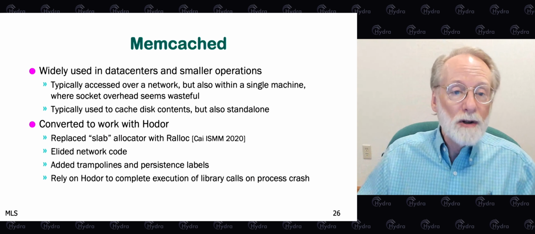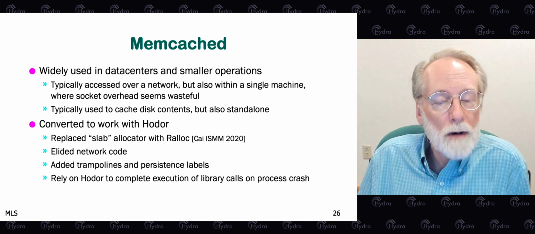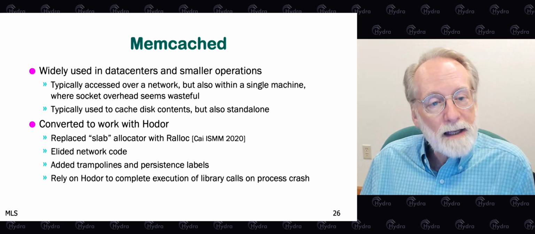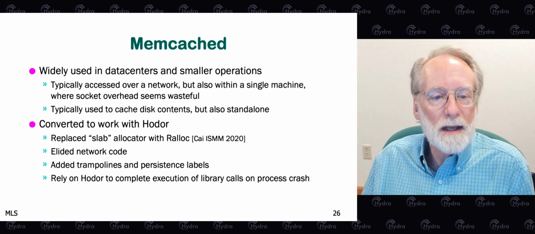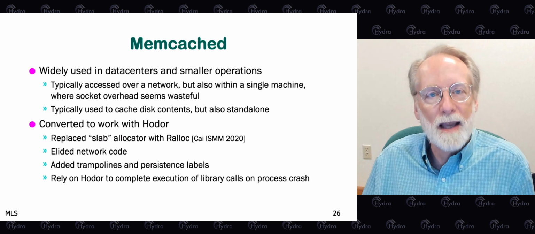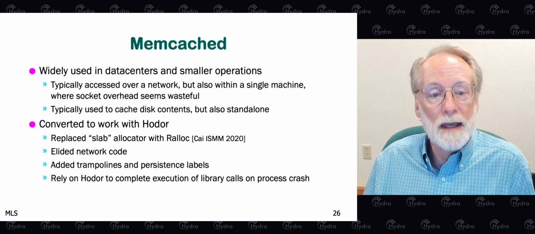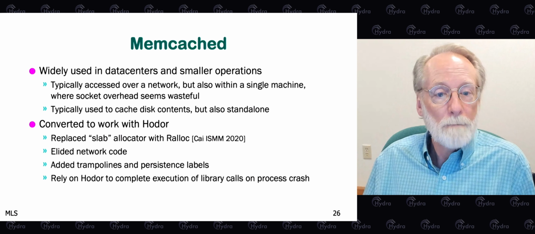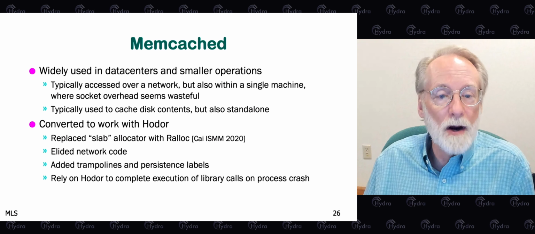So we took the original code, the most recent release downloaded from the open source repository, and we made multiple changes. First, we replaced the memory allocator, which was a custom slab-based allocator designed for Memcached. We replaced it with the non-blocking memory allocator named Ralloc that had recently been developed in our group.